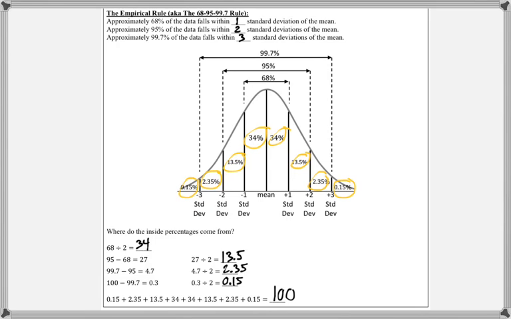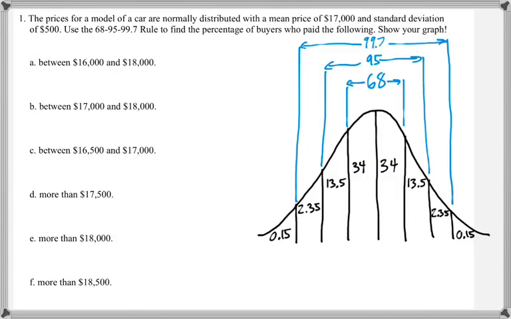All that's left is to label the mean as well as the standard deviations. So my mean is $17,000, so that goes in the middle. And then the standard deviation is $500.